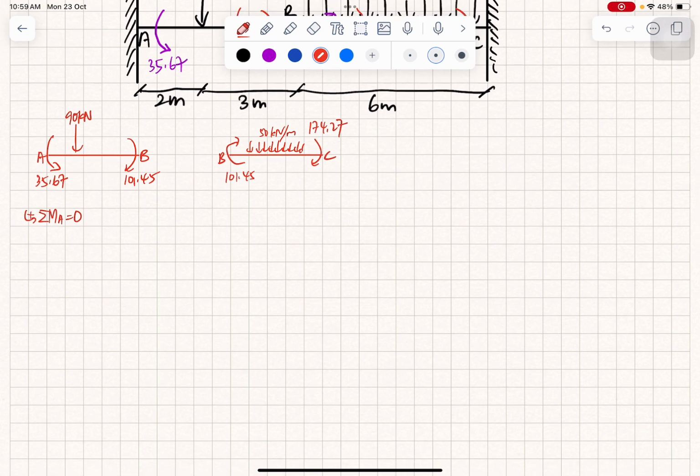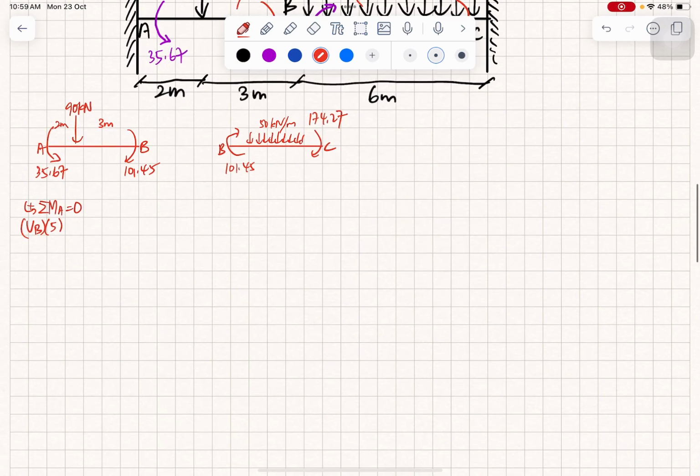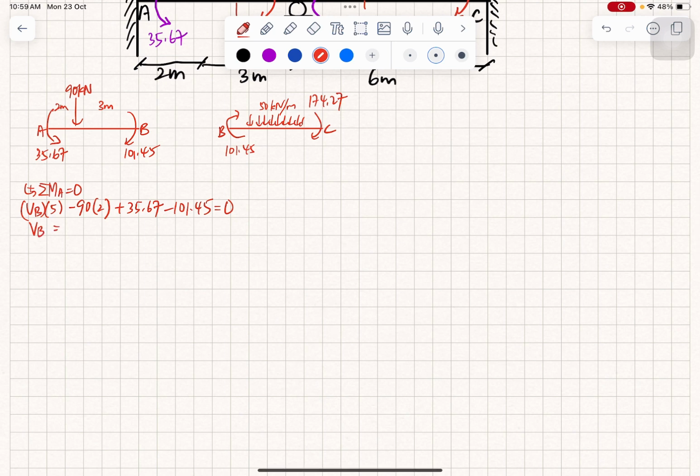So here you can get VB is positive, at point A. VB multiplied by the distance 5, because this is 2 meter, here is 3 meter, minus 90 multiplied by the distance from A, plus 35.67 and minus 101.45. So VB, let us put it in the calculator. I can get 49.156 kilonewton.